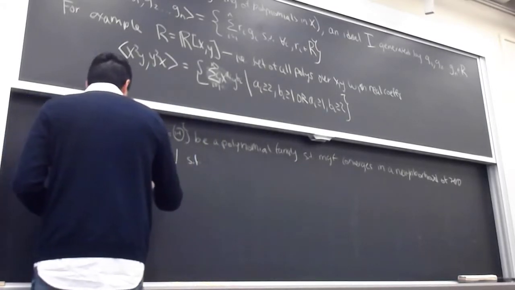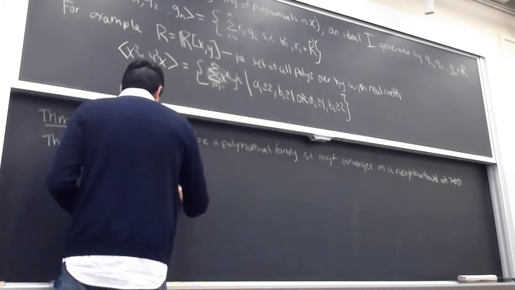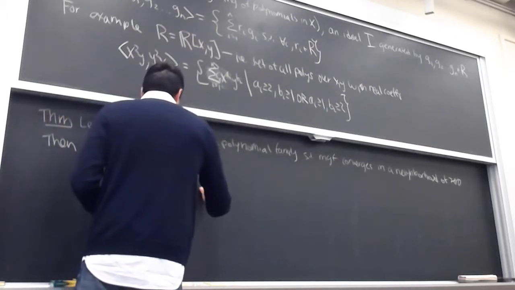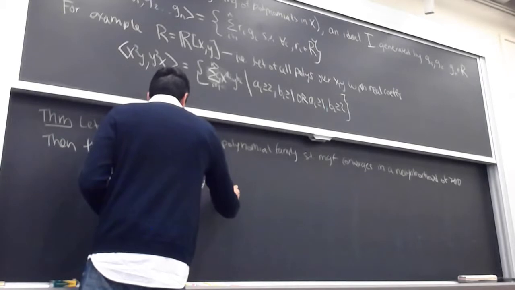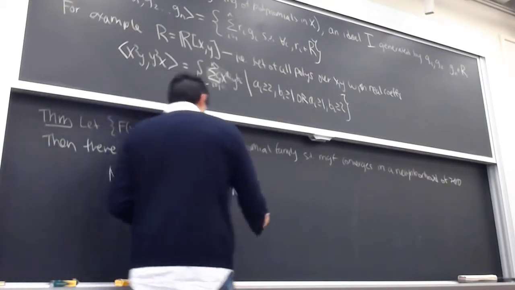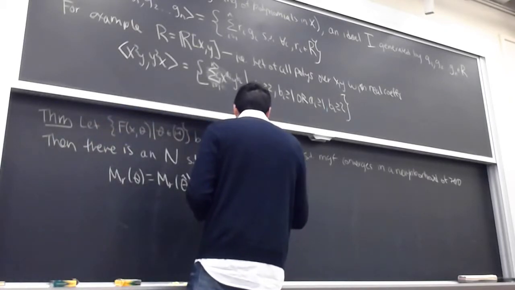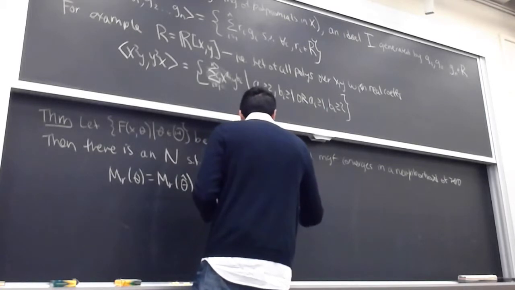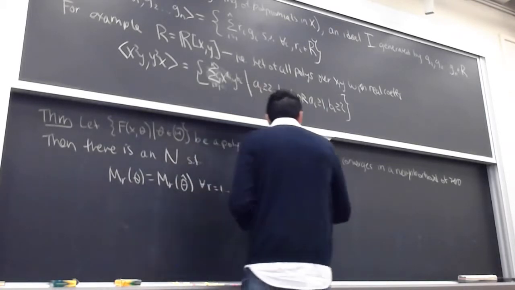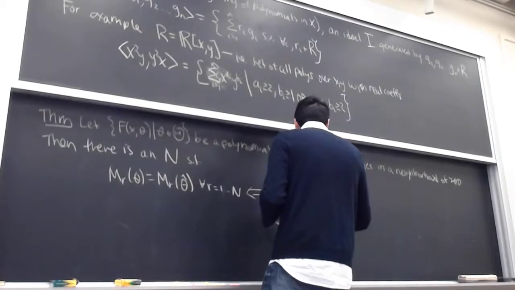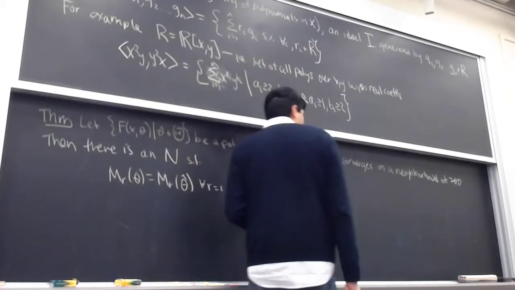M_r of theta equals M_r of theta hat for all r from 1 to n, if and only if f of x theta equals f of x theta hat.